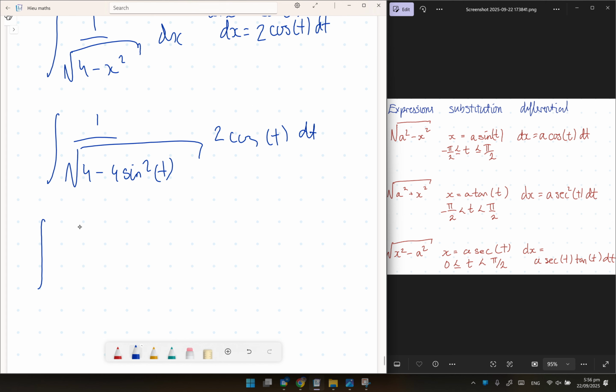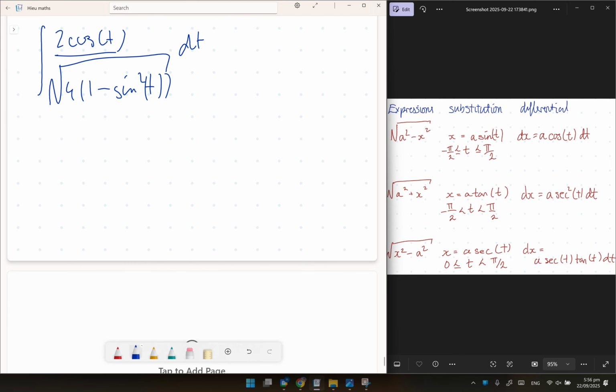Now this is going to be the integration of 1 over, let's put 2 cos t over here, the square root of 4, take that all out, 1 minus sine squared t, dt. Now we can take the 4 out, so the 4 would turn into a 2 out here, and that would cancel out with the 2 here.